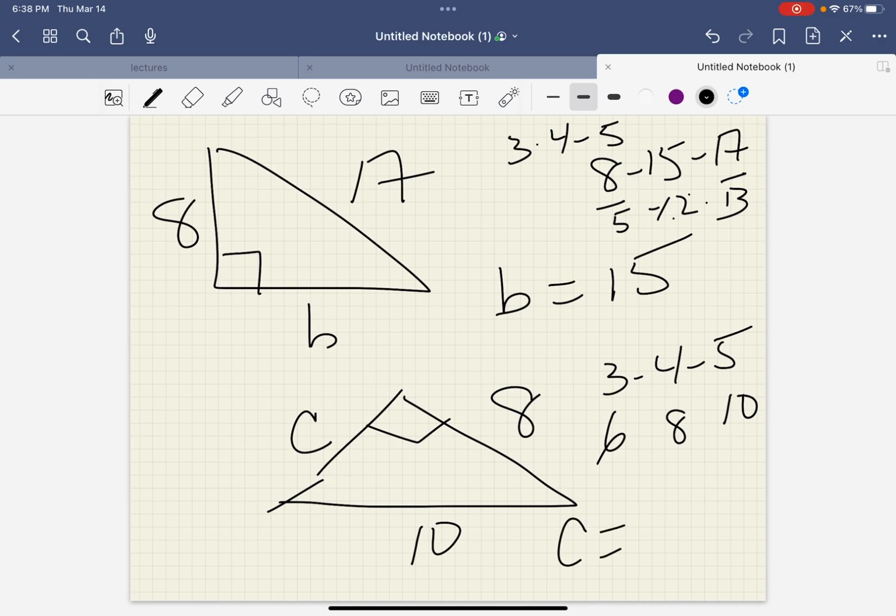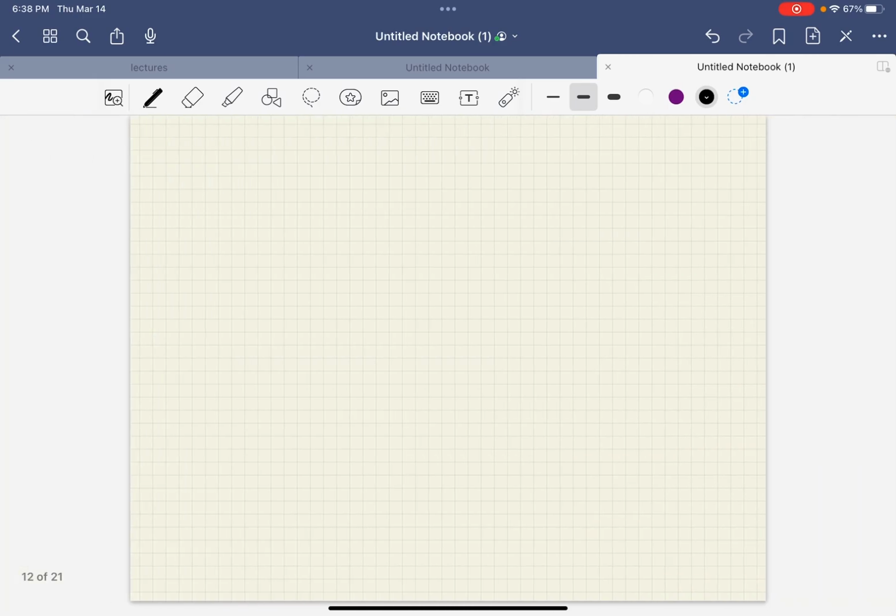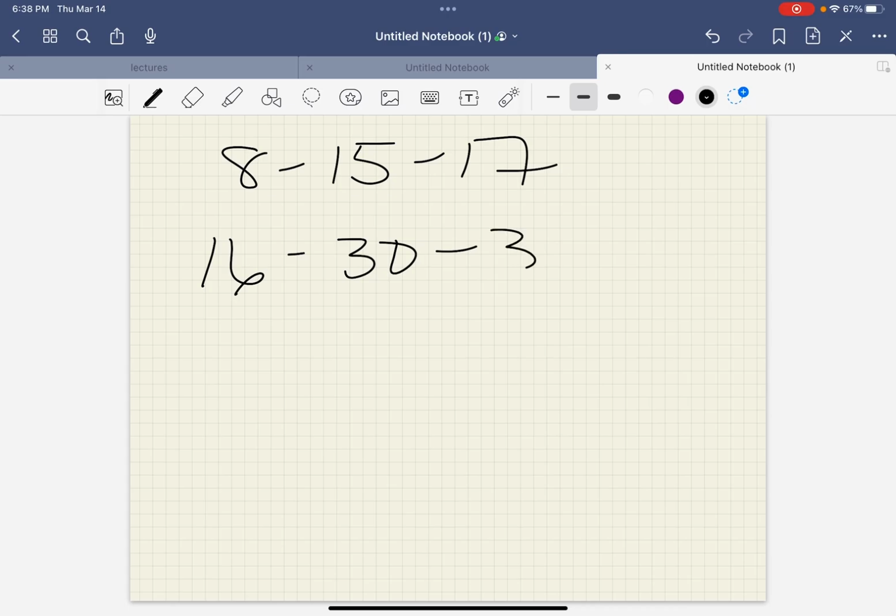So C is 6. So the cool thing about Pythagorean triples is that you can multiply them by any number and it's still a perfect triple. So like 8, 15, and 17, if we wanted to look at that one. We could double this. It'd be 16, double that, 30, double that, 34. That's still a Pythagorean triple. That still works for a right triangle.